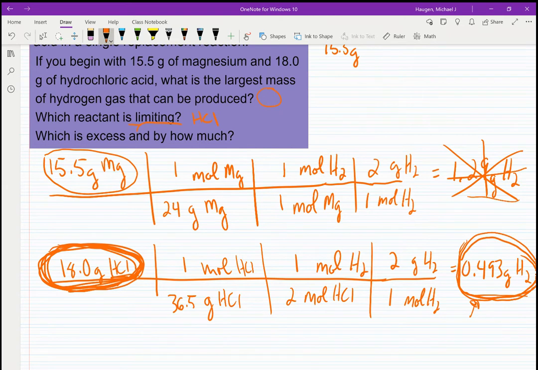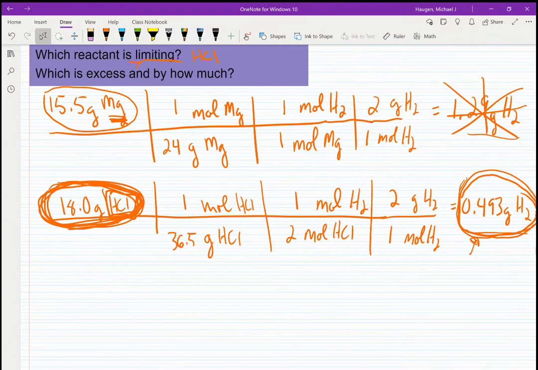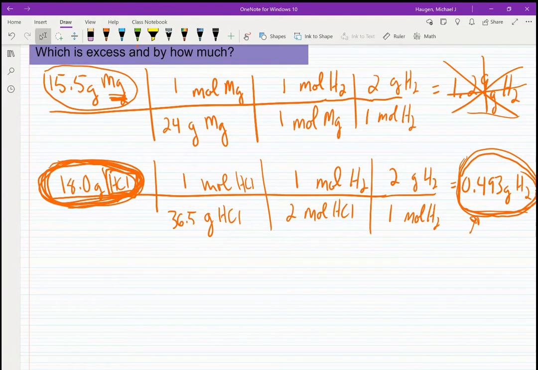Okay, so we know that if the hydrochloric acid is the limiting reactant, then my magnesium is the excess. So we need to figure out by how much is it excess. There's a couple of different ways to do this. I think the easiest way is to take my mass that I just used, and I'm going to do one more Stoich problem.